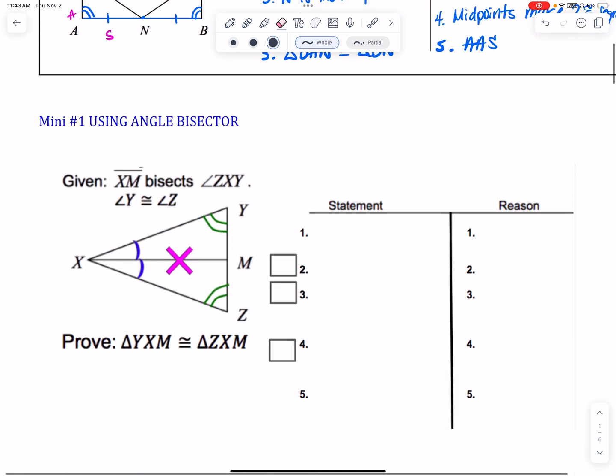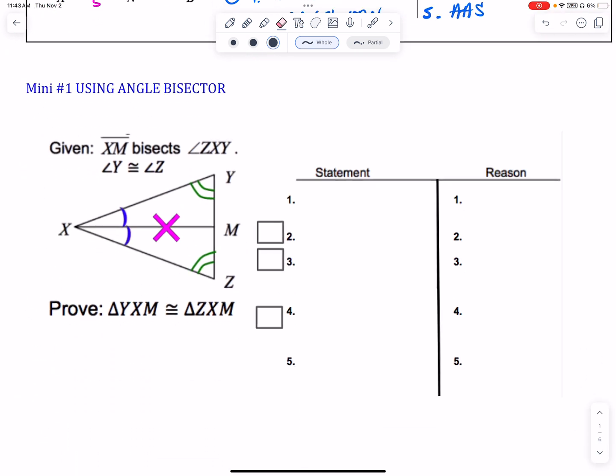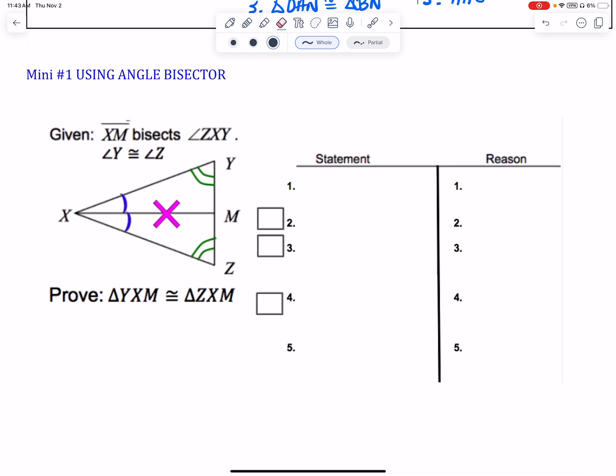Mini number 2, using angle bisectors. So given XM bisects angle ZXY, and the arcs are already given, and angle Y is congruent to angle Z. Now, sometimes outside of the given, you have to make inferences.